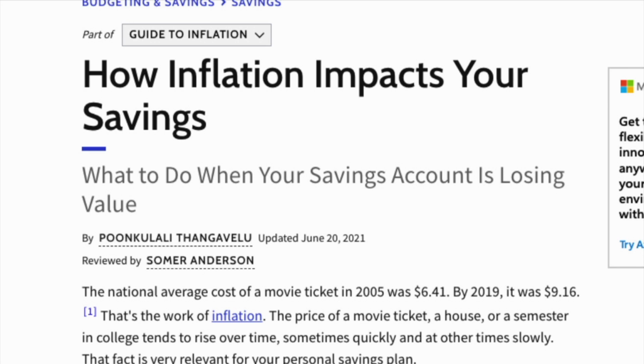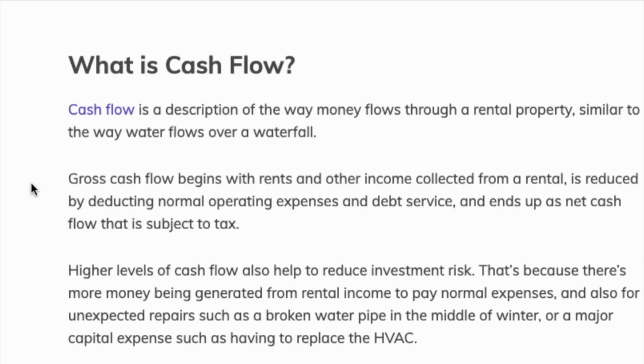We actually don't have the purchasing power to buy those goods that we need. Therefore, we need to beat inflation, put our money towards an investment that makes at least 6% year on year on our return. And to do that, one of the ways is through investing in real estate, and specifically investing in real estate properties that have cash flow, positive cash flows.